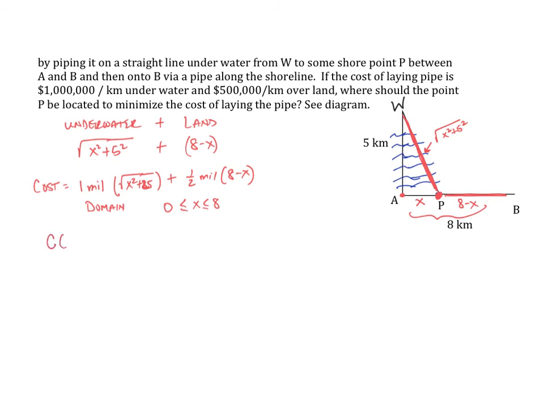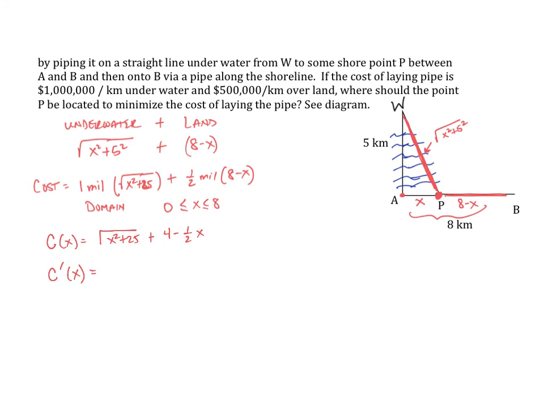So the cost with respect to x will be the square root of x squared plus 25 plus 1/2 times this, which will be 4 minus 1/2 x. So I've gone ahead and reduced that down. Now let's take the derivative, and we're going to set this equal to 0.